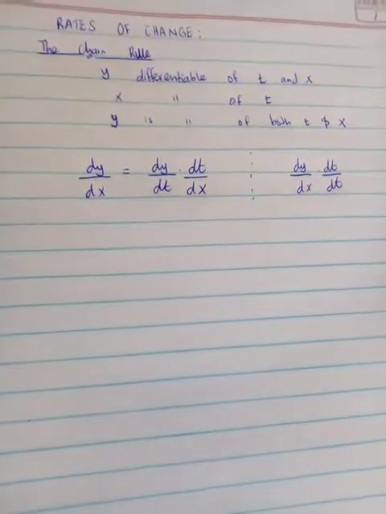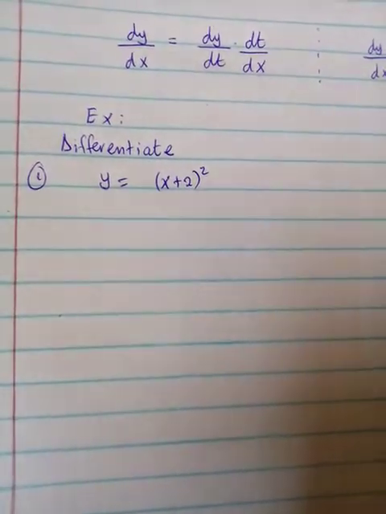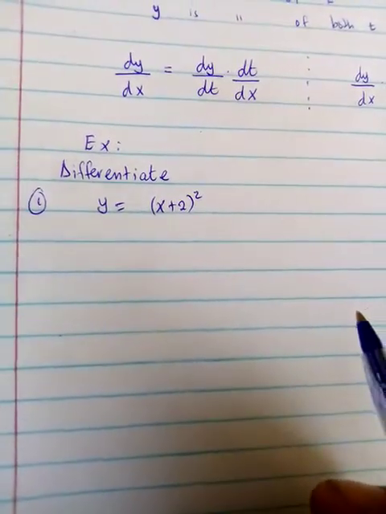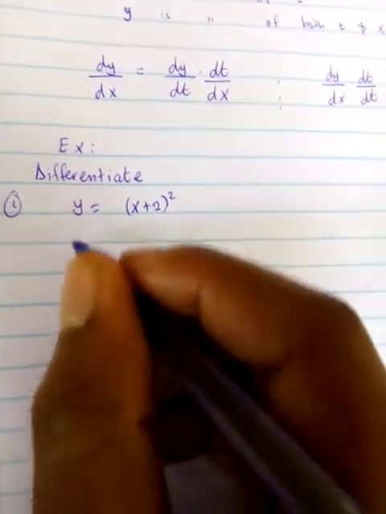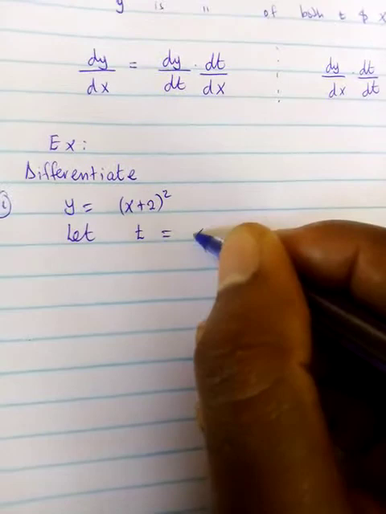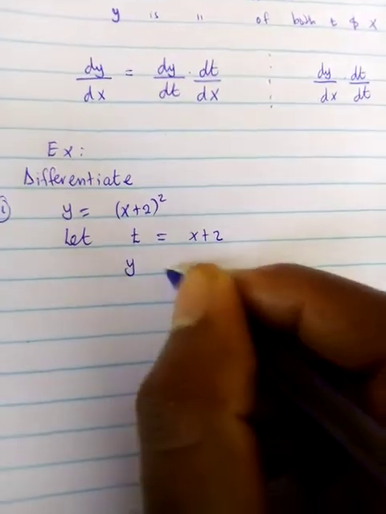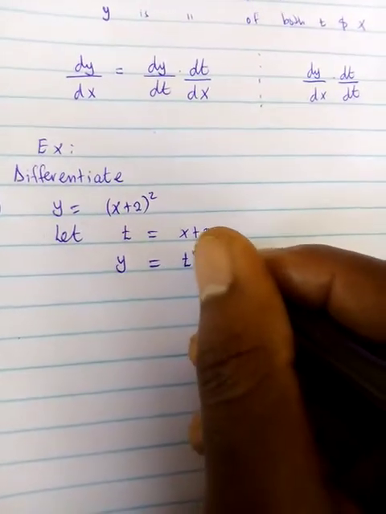So some examples. Our first example, using the chain rule, differentiate y equals (x plus 2) squared. What we do is we can let this one be anything. If I let t equal x plus 2, such that in the place where I have x plus 2, I'm putting t, y is now t squared.